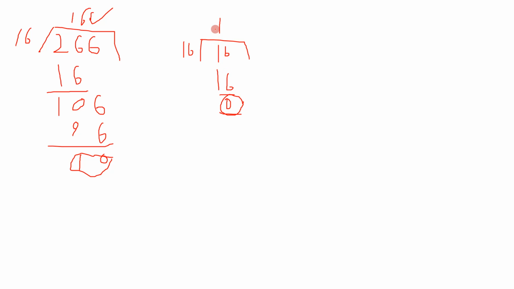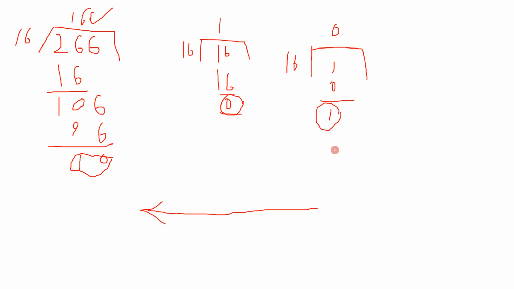Then we will divide this 1 by 16. 0 times 16, we get 1 as remainder. We will take the remainders in reverse order. So first is 1, the second is 0, and the third is 10.